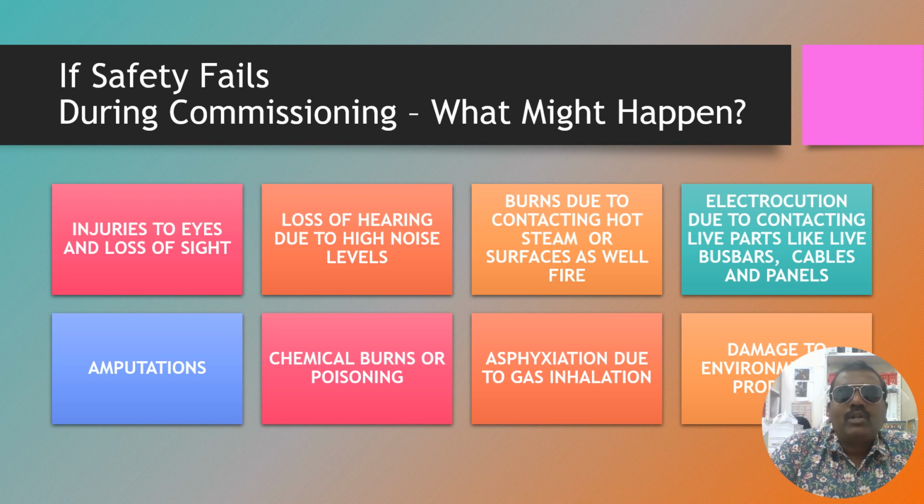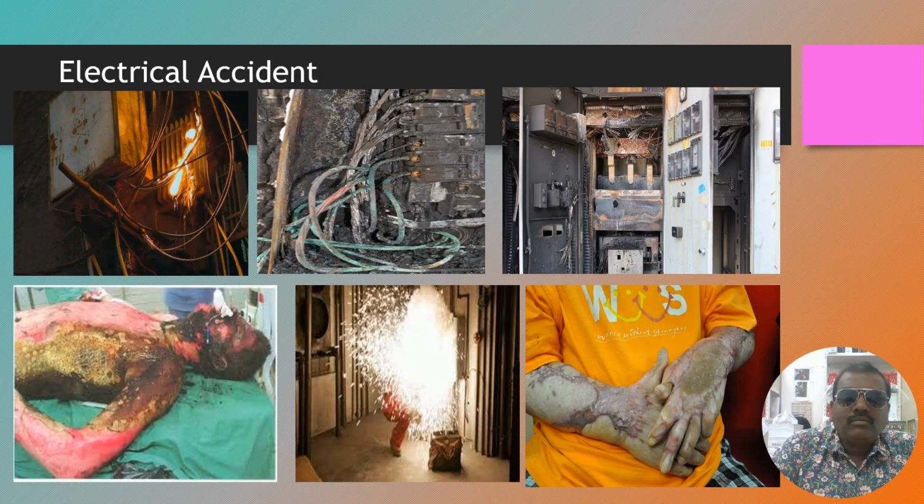Regarding amputations, I already explained in the previous slide. So these are a few photos of what has been caused. This incident was caused by an electrical arc flash. Okay, so we will be conducting an arc flash training also.